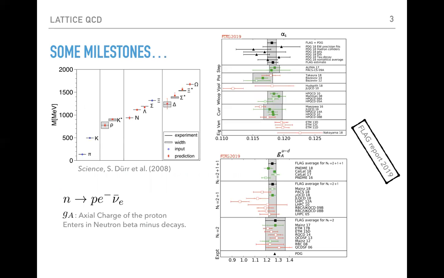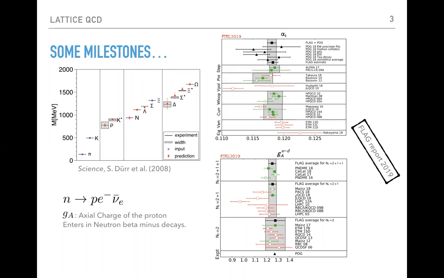As you probably know, lattice QCD is a way of studying QCD on the lattice, which allows for a non-perturbative definition of it. It has had tremendous success in calculating a lot of aspects of QCD, like the mass spectrum and other quantities like the axial charge of the proton, which enters beta decays.